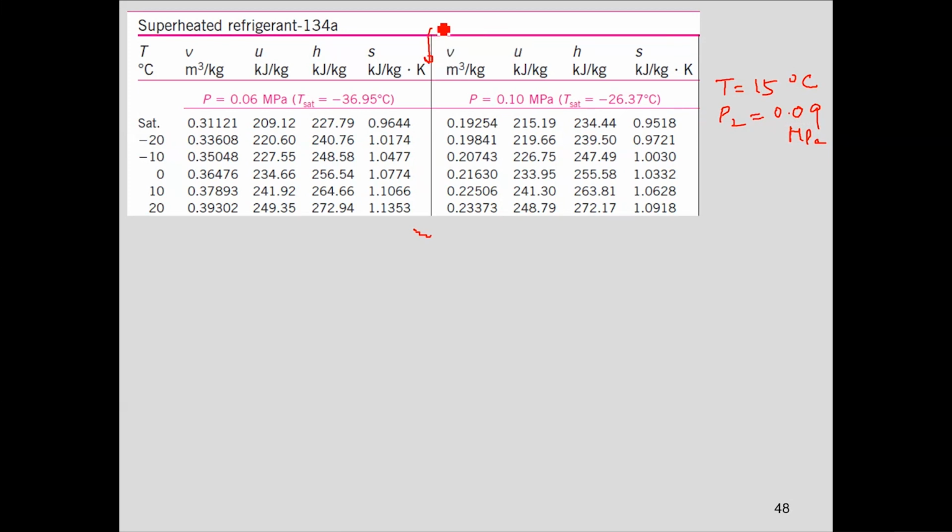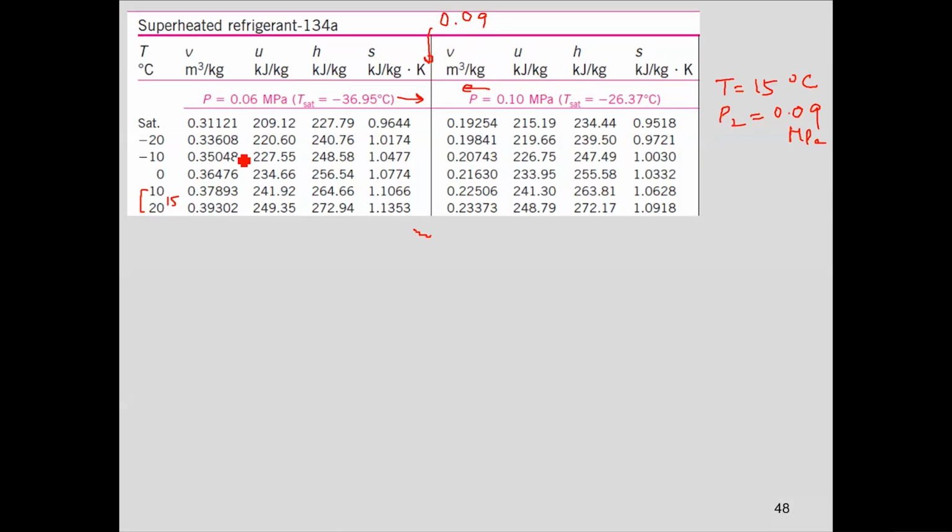So neither the pressure nor the temperature of 15 degrees has data given to you. In this case, you'll have to do double interpolation. One is the interpolation for the pressure, since the pressure lies in between the given data, and the other is the interpolation for the temperature, because 15 lies in between 10 and 20.